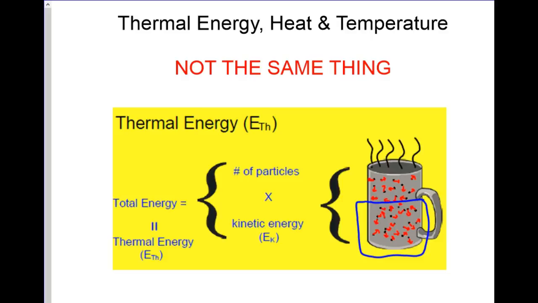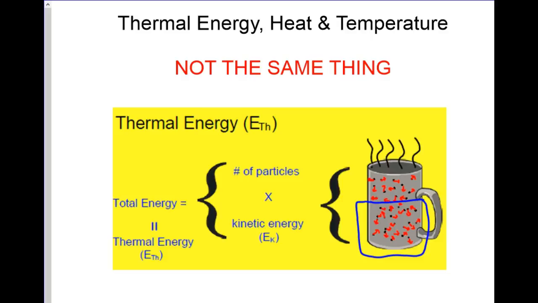If I were to put that half cup of coffee into the microwave and heat it up, well then I'm making the particles go faster, so I'm actually increasing the thermal energy. If it's a Saturday, I'm probably going to forget that coffee cup in the microwave and it's going to cool down. What happens to particle movement when a substance cools down?